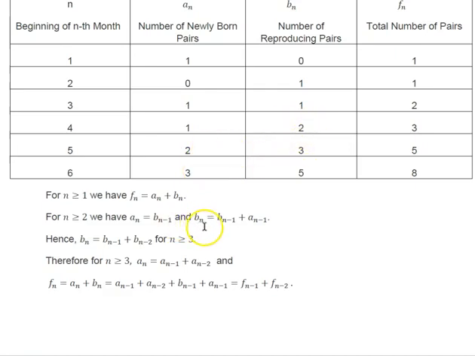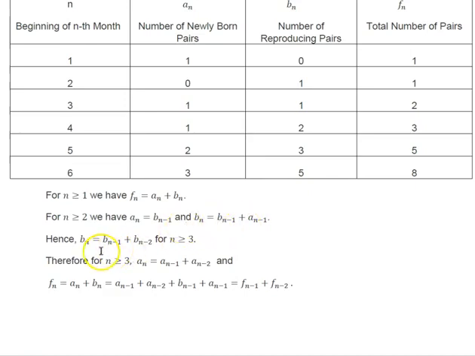And b sub n is b sub n minus 1 plus a sub n minus 1, because the newly born pairs from the previous month become reproducing pairs, and the reproducing pairs from the previous month stay reproducing in the next month.